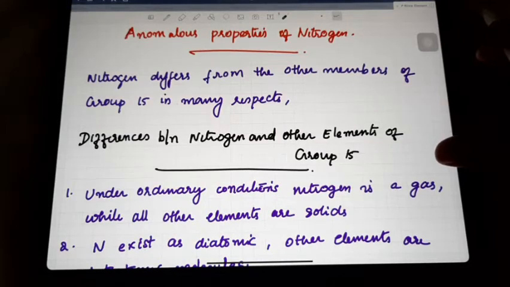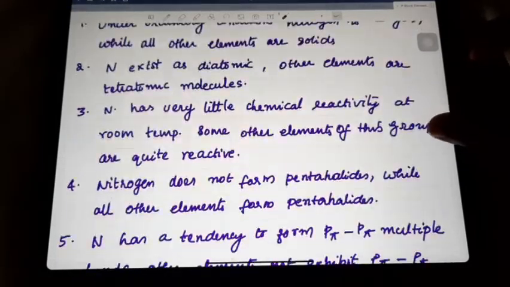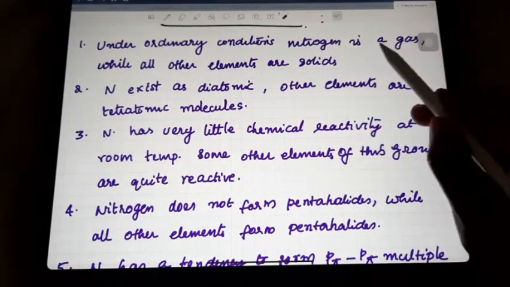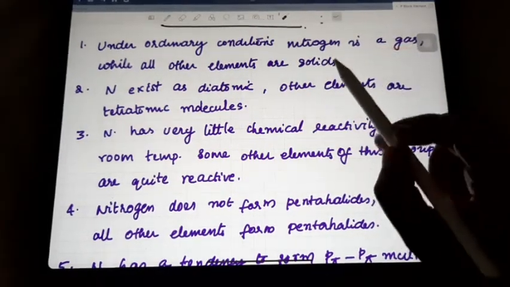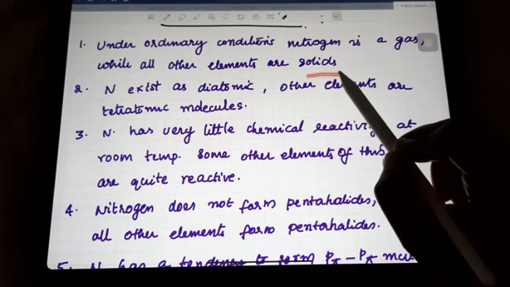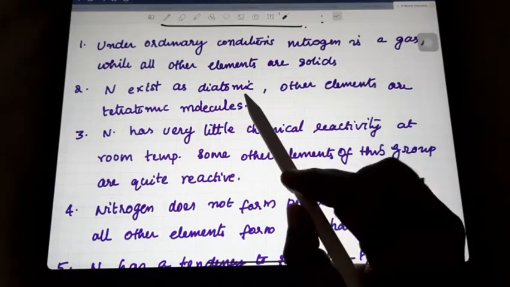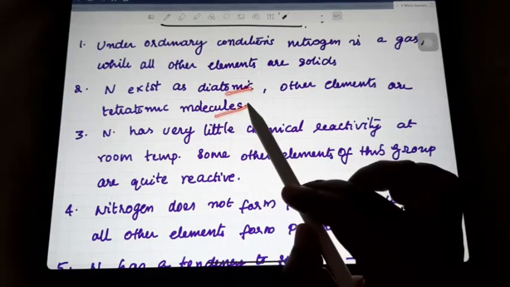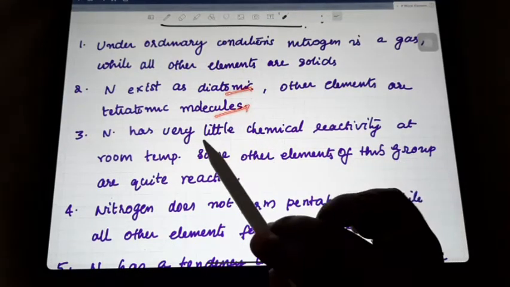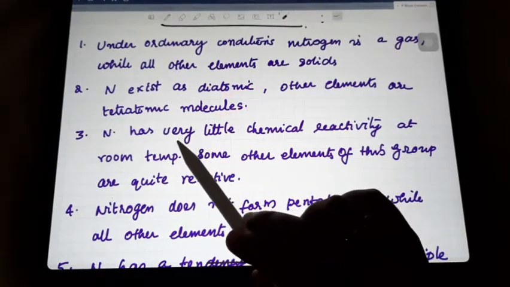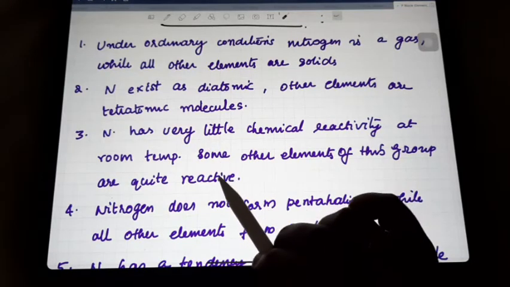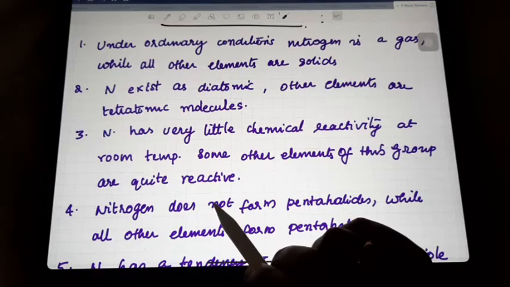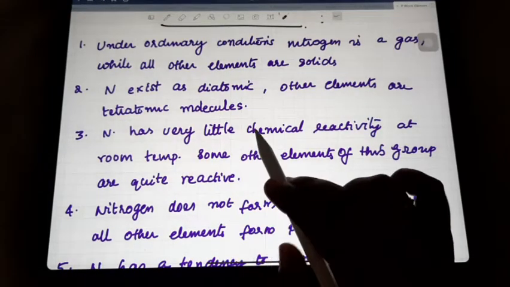nitrogen and other members of the group. There are different reasons. First, under ordinary conditions nitrogen exists as a gas, while other elements exist as solids. Then, as discussed early, nitrogen exists as a diatomic, while other members exist as tetraatomic. Then nitrogen has very little reactivity at room temperature, but other members of this group are quite reactive.